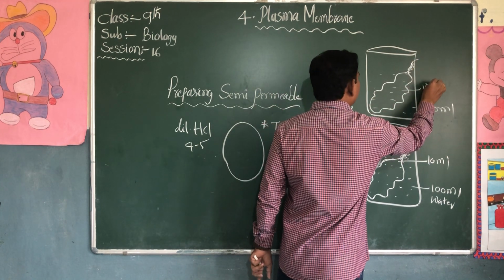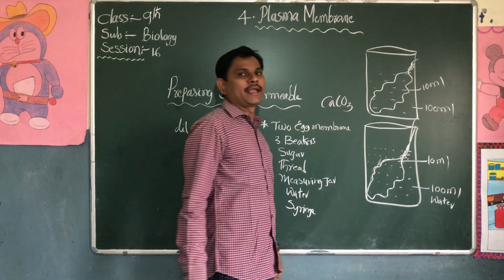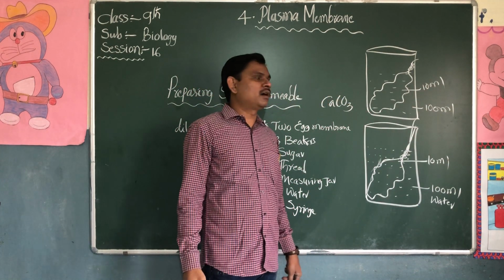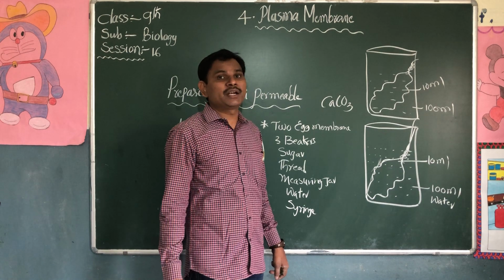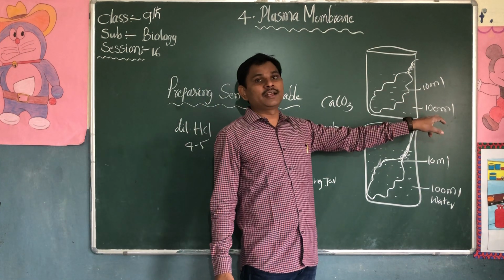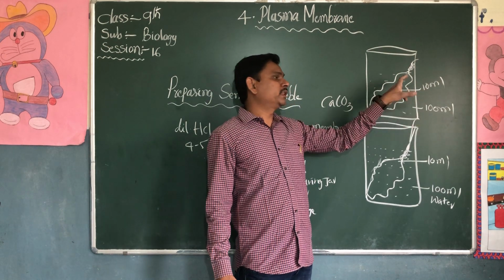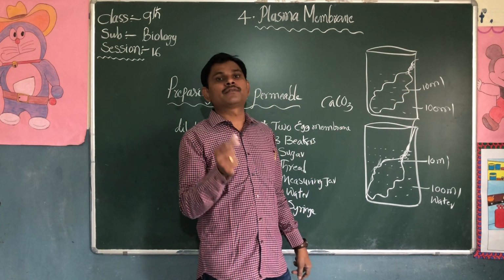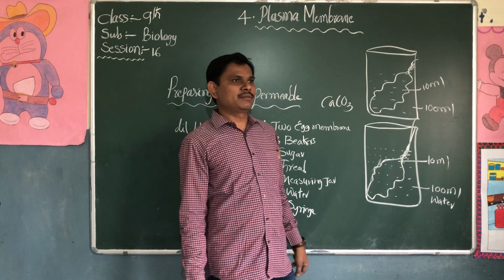Take 10 ml of tap water into the egg cell. In the beaker we have taken 100 ml of saturated water, but in the egg cell we have taken 10 ml of tap water.